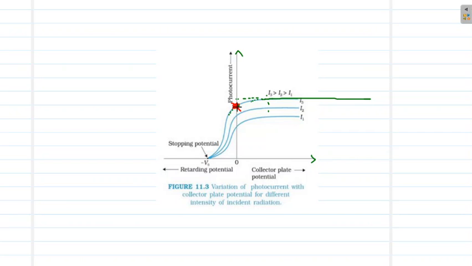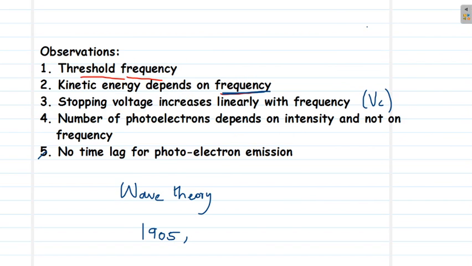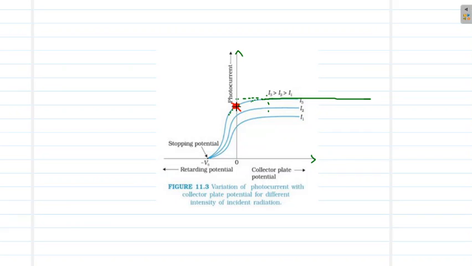Now in order to reduce the photocurrent further, we have to apply negative values of potential at B. At one particular value of voltage, called the stopping potential, if you supply that negative potential at B, then the photocurrent will be 0. So that is the implication of each of these curves.